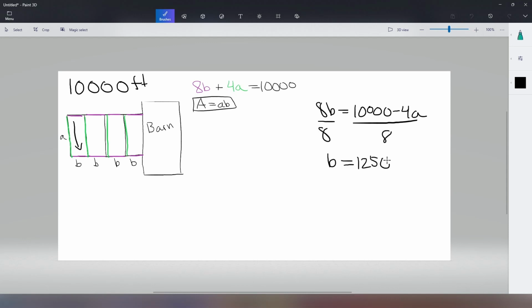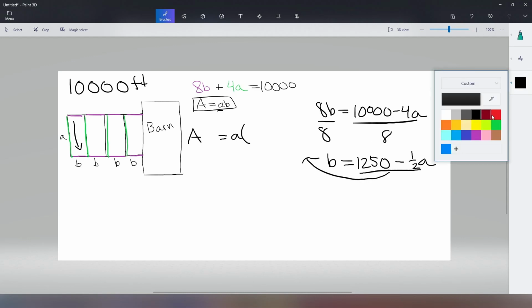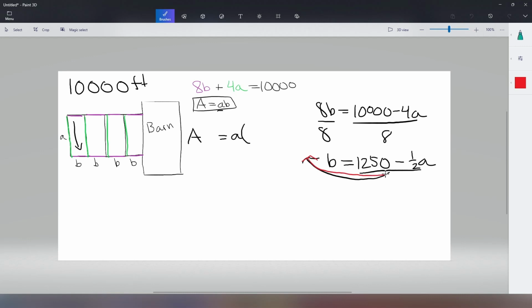B equals 1250 minus 4 divided by 8, which is 1/2, A. Now that I know that B equals 1250 minus half of A, I can plug that into my area equation. So area equals A, times B, which is 1250 minus half of A.